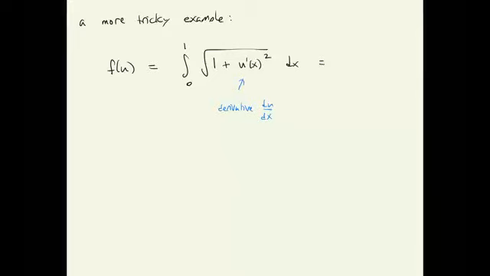So if I have a function u of x, here's u of x. What is this quantity that I've just computed here? From first year calculus, there's an important name for this. It's the arc length. It's the length of the curve.